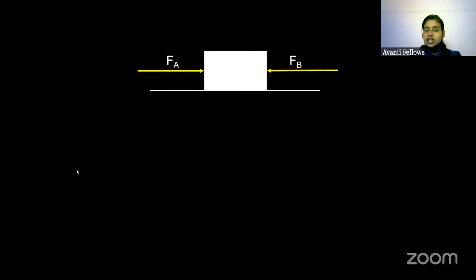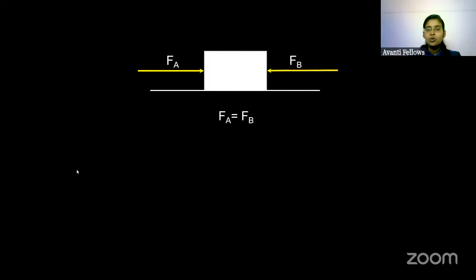Now, if both the forces are equal to each other, that is, if FA is equal to FB, what will happen to this block? Will it move towards left, towards right, or will there be no displacement at all? What is the answer? Yes, it will not move.